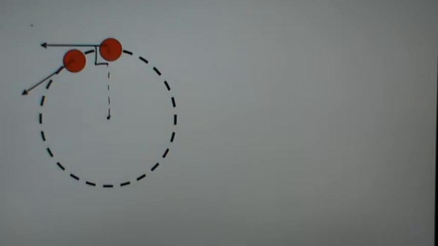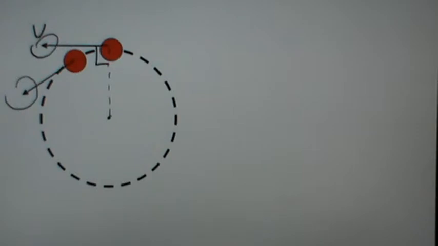Velocity of an object that moves in circular motion is a vector quantity. So when the direction of the velocity changes, the velocity also changes, although its magnitude is constant in this case.